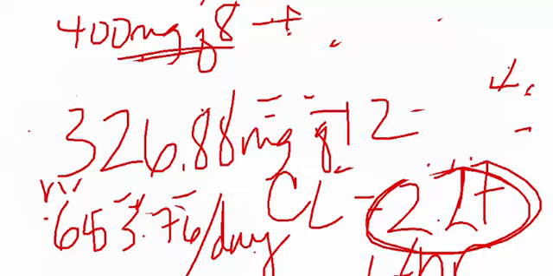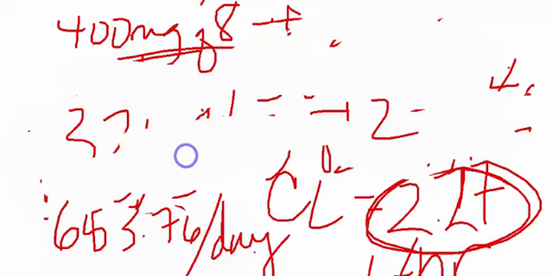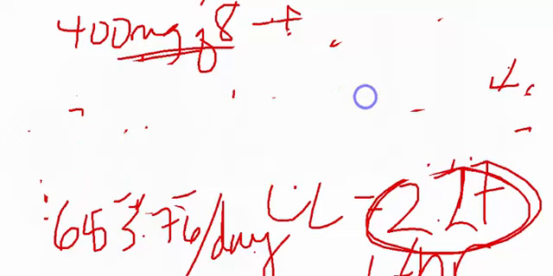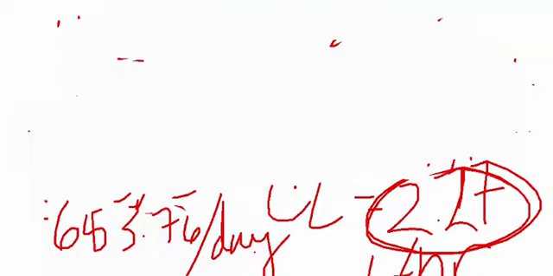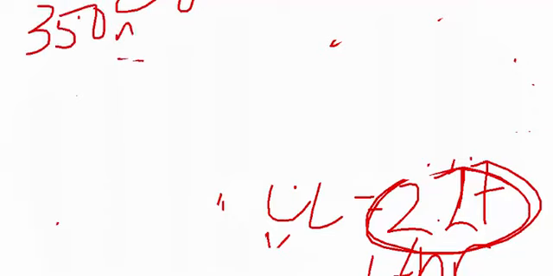I think I'm going to do that for you just so you can get the experience of doing this again. So we have the choice of, let me erase all of this, 300 milligrams Q12 or 350 milligrams Q12, right?